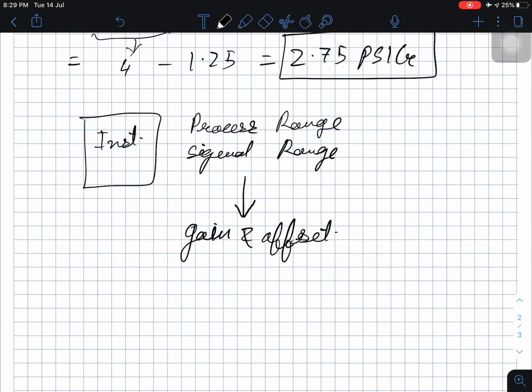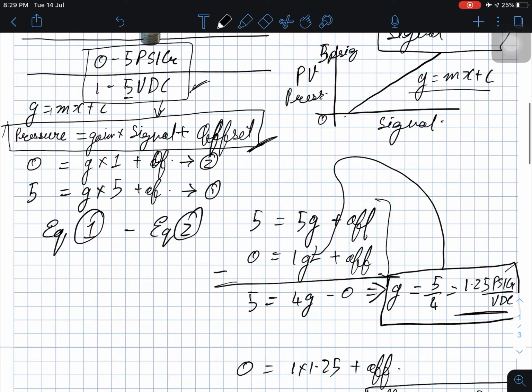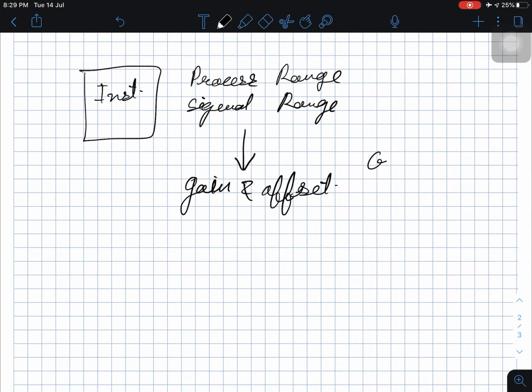How to find out is very simple: you can form a linear equation in two variables as I have shown you in this section, but there is a direct formula also, that is gain equals process max minus process min, like the process range maximum and range minimum, over signal max minus signal min.